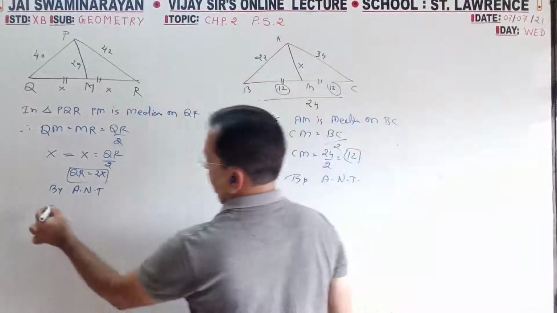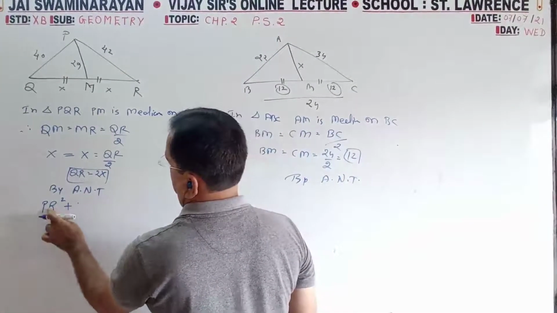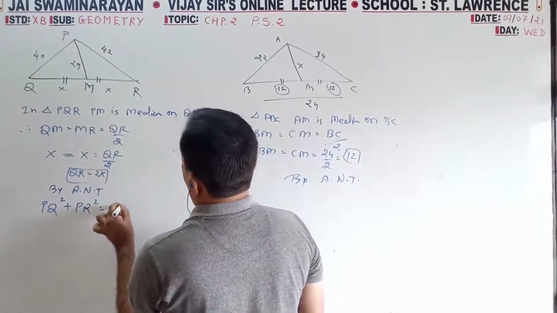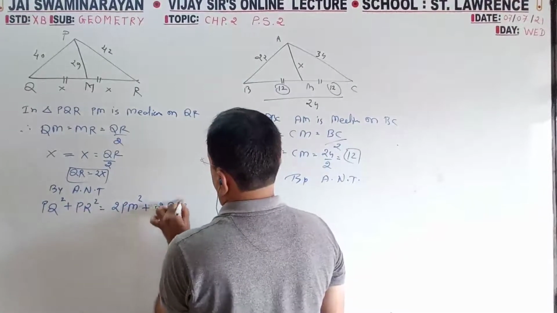left side square, right side square, PQ square plus PR square is equal to 2PM square plus 2QM square.